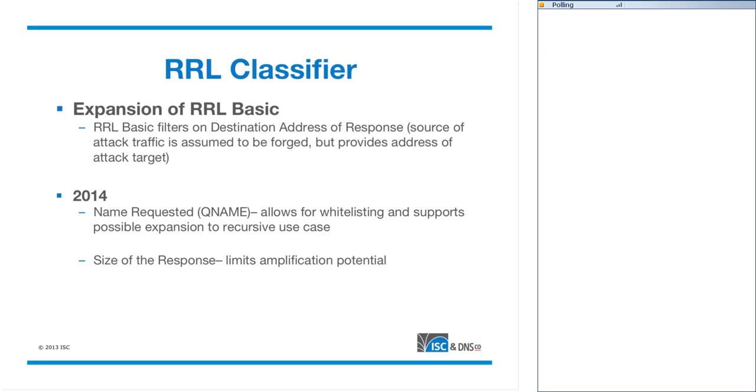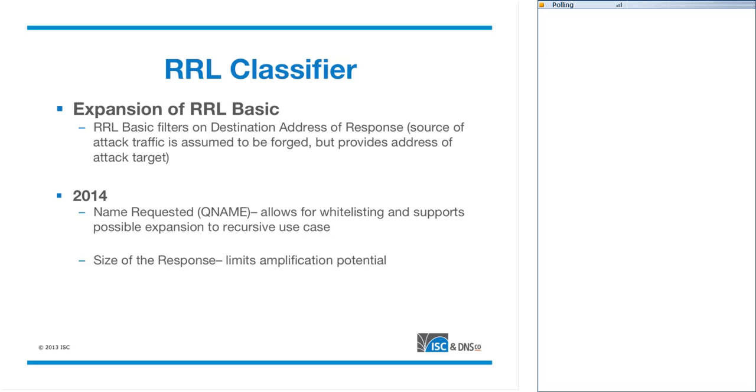One good question just came in from China Telecom: where can I find detailed configuration of RRL manuals as well as more detailed information? There is really good information in the BIND 9 ARM, or Administrator Reference Manual. When you download BIND from the ISC website, that is in the doc directory in every release of BIND.